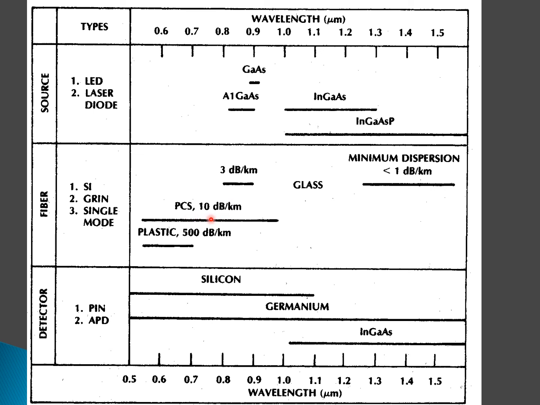For example, PCS fiber has an attenuation of 10 dB per kilometer. For plastic fiber, the loss can be up to 500 dB per kilometer. And for glass, usually it is less than 1 dB per kilometer.